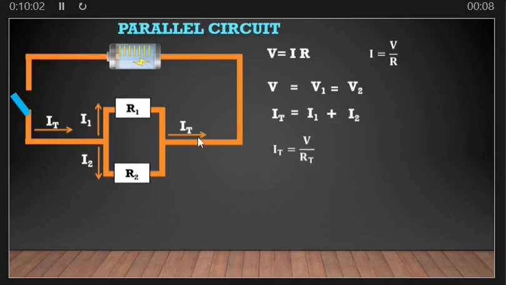The voltage in the circuit divided by the resistance in the circuit will show us how much total current is flowing in the circuit.